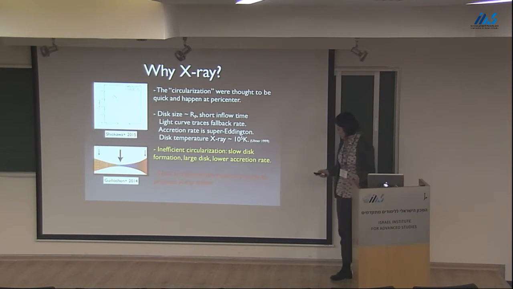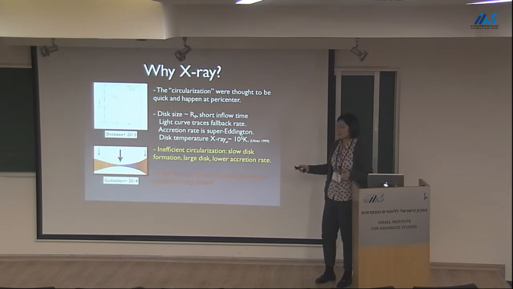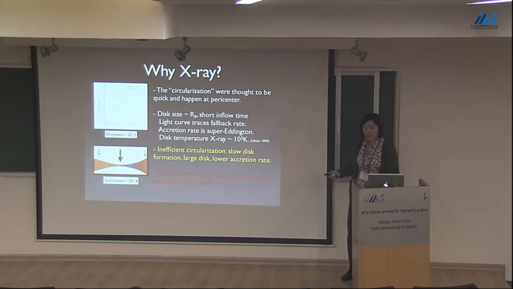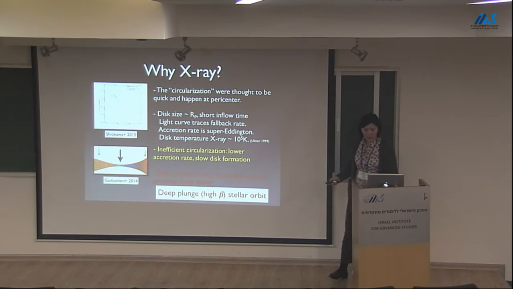So I was thinking about this problem. I was playing with the parameters to see if there's a way to recover the classical picture. I found the key thing to recover this classical picture is to have a high accretion rate and a small photosphere. The magic I found is to have deep plunging stellar orbits, or high beta stellar orbits.